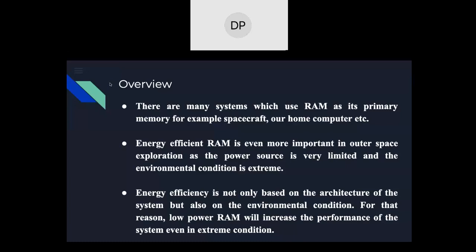Energy efficiency is not only based on the architecture of the system but also on the environmental condition. For that reason, low power RAM will increase the performance of the system even in extreme conditions.